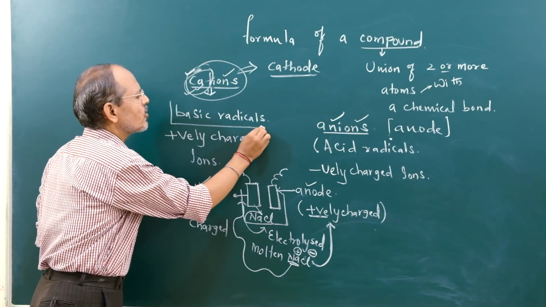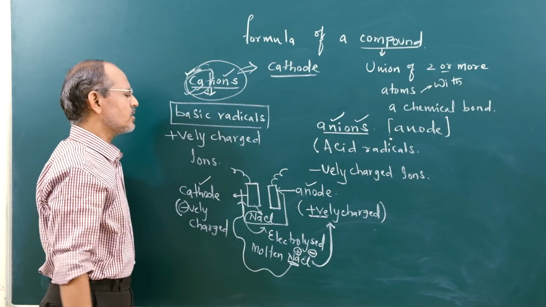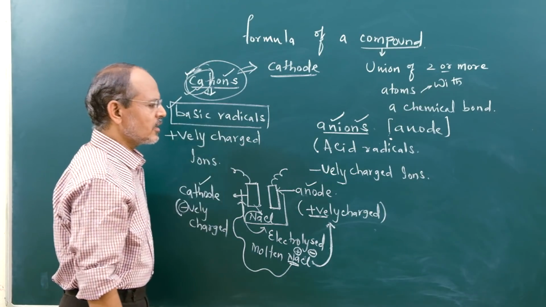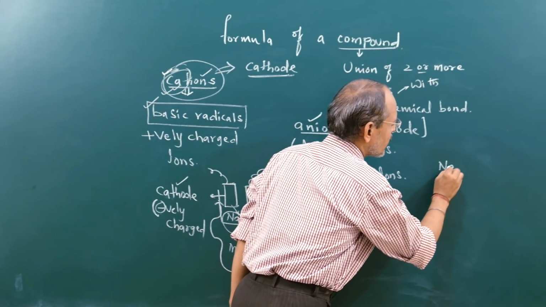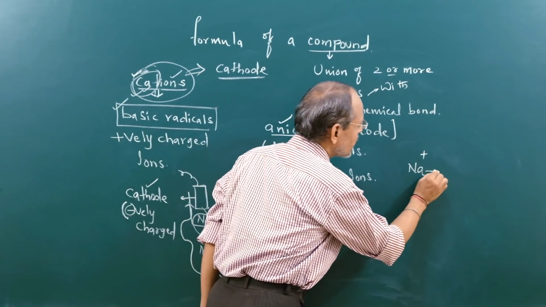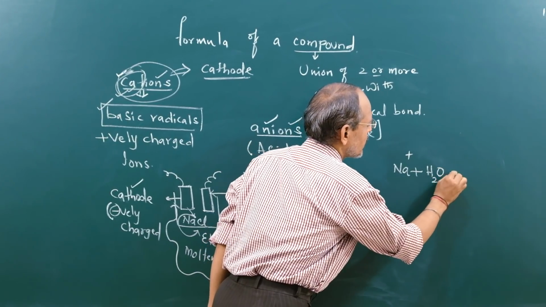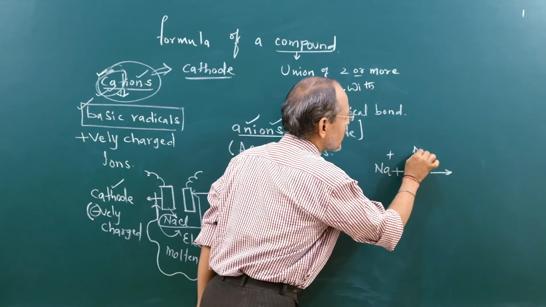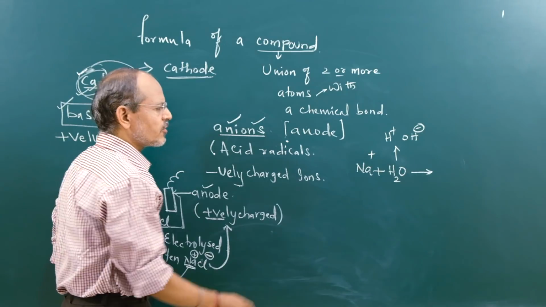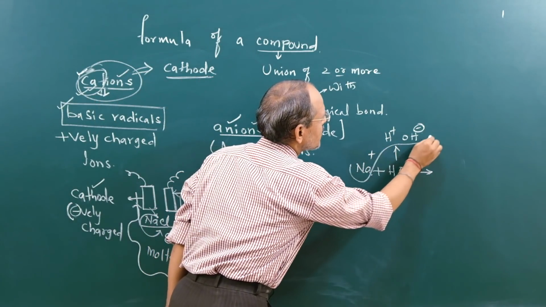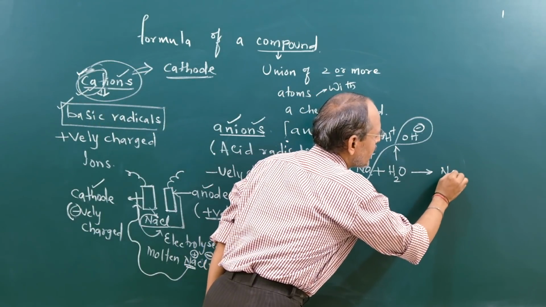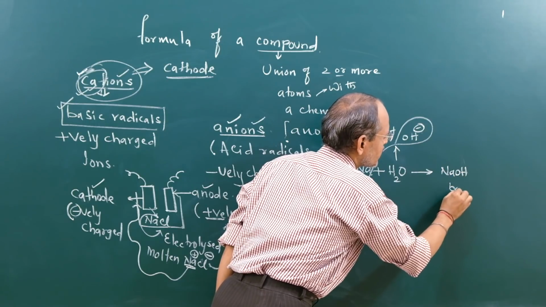Second, they are also called basic radicals. Why are they so called basic radicals? It is because when such ions, for example, if I take sodium ions, are dissolved in the water, water means H plus OH minus. So these sodium ions are bonding with OH ions to form NaOH, that is base.